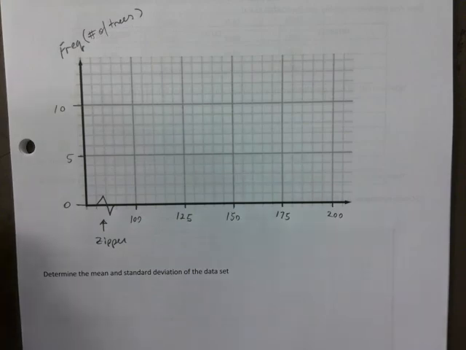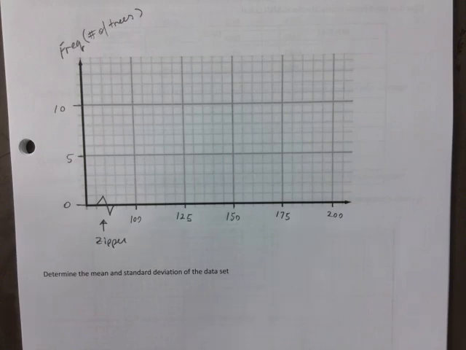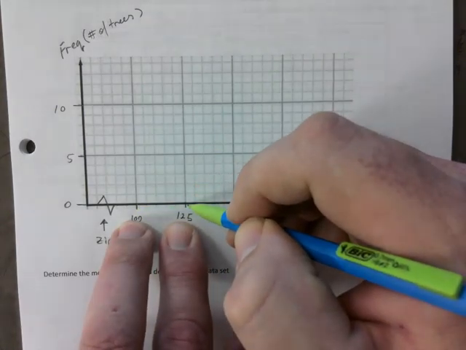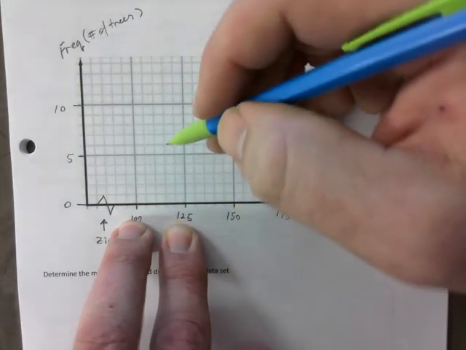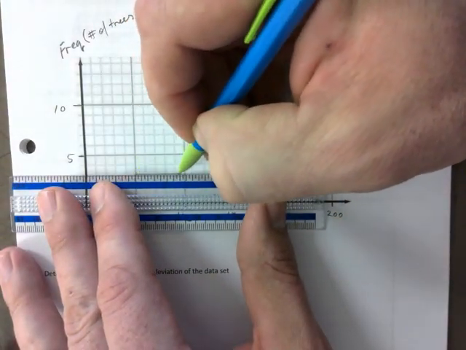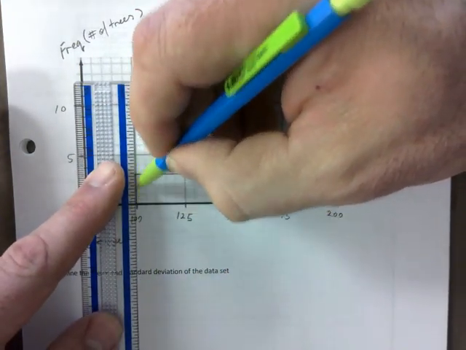So let's do the bars first. You might need a ruler for this unit. So from 100 to 125 in our table, how many trees do we have in there? 3, right? So we go up to 3 and we make a line, that's our cutoff, and then create a bar like that.